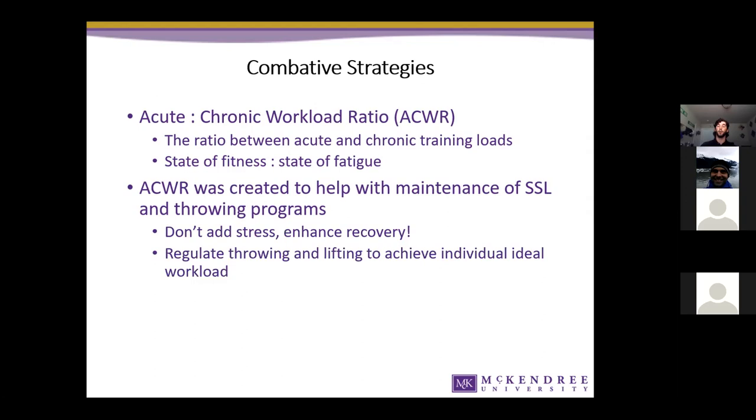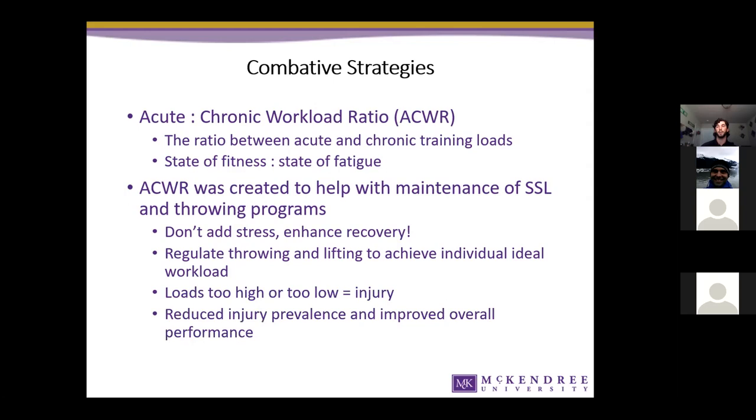It regulates your throwing and your lifting to achieve the ideal individual workload. And that's the thing, is that it's totally individualized. My workload could be completely different from Jack's workload or what have you. Loads too high or too low increase your risk of injury. And there has been proven reduced injury prevalence and improved overall performance with the admittance of this concept.